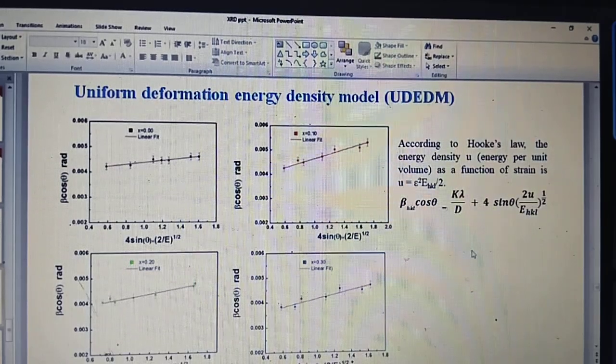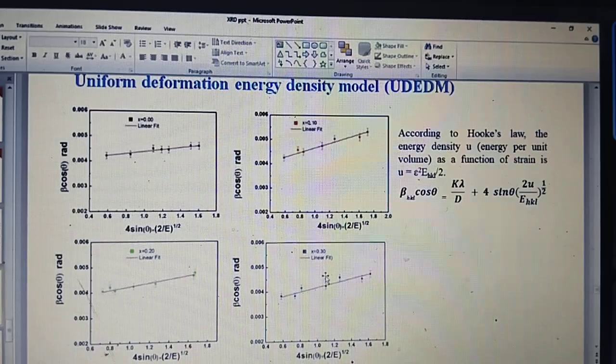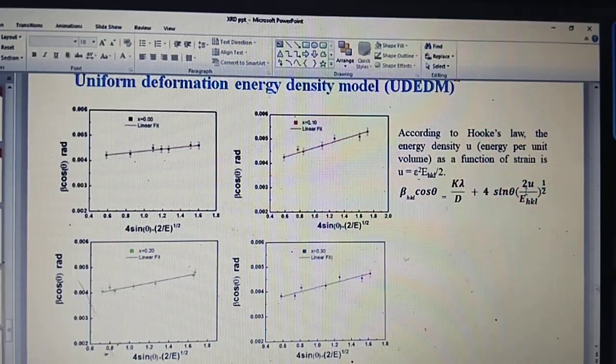Instead of epsilon, we put 2u over E HKL, where E is the Young's modulus, and again you plot beta cos theta versus 4 sine theta times 2 upon E to the power half. Again you will get a straight line fit, whose intercept will give you the crystallite size, and the slope will give you the idea of the energy density, denoted here by u.